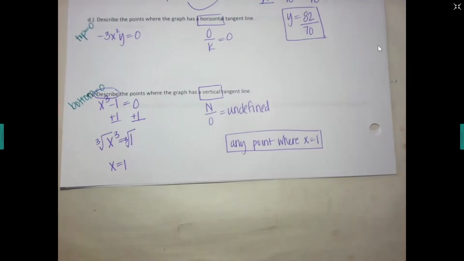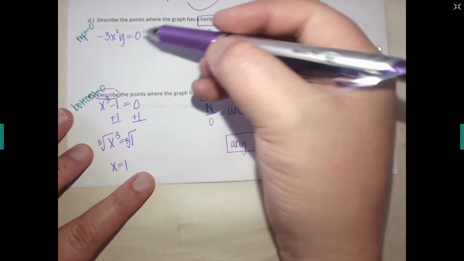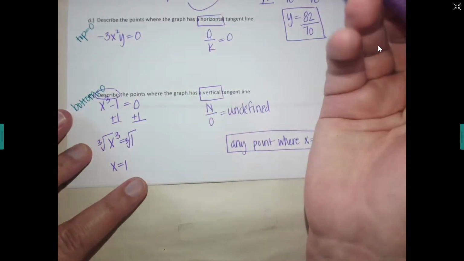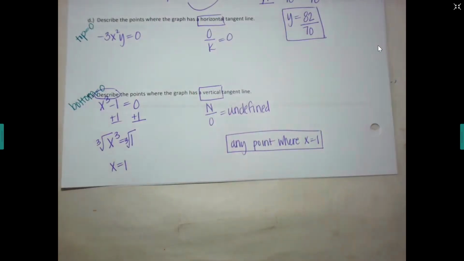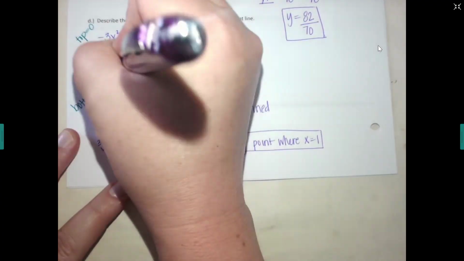Okay, now let's do the top one. If you have x's and y's and they have to multiply to 0, you may not remember this, but in order for 3xy to equal 0, either the x would have to be a 0 or the y would have to be 0.